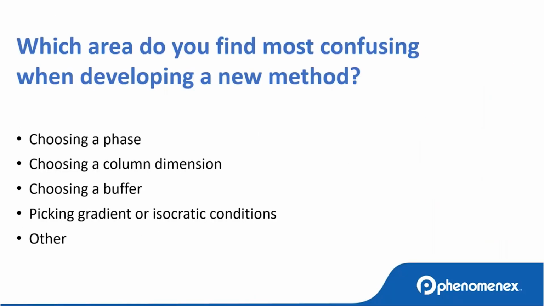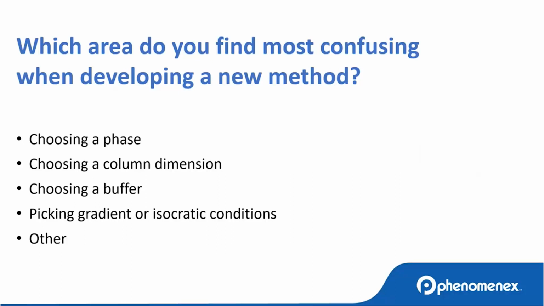So stopping quickly and giving a break to a quick poll question. Since we're talking about method development, which area do you find most frustrating or confusing when developing a new method? Is it choosing a phase? Is it choosing a column dimension?